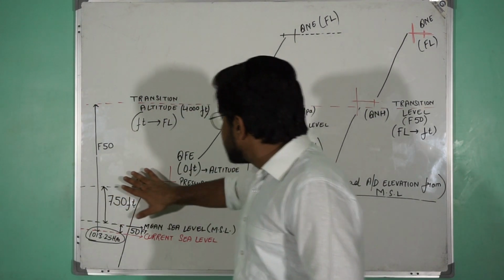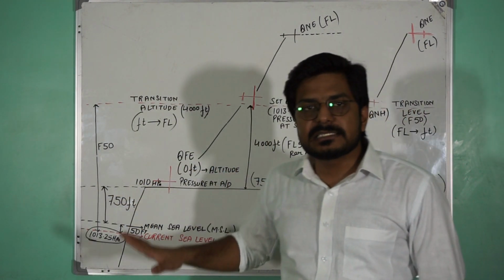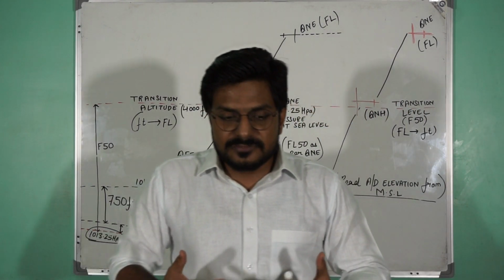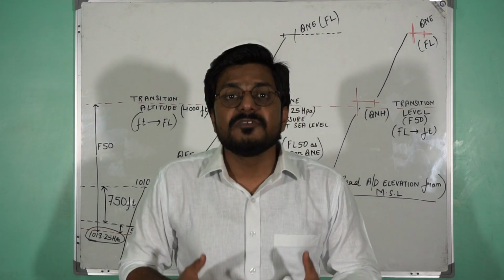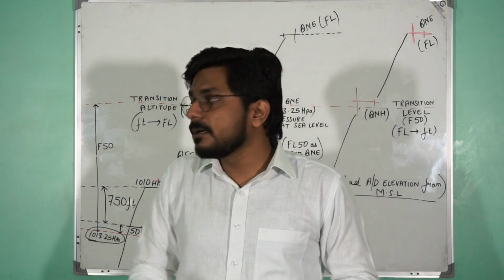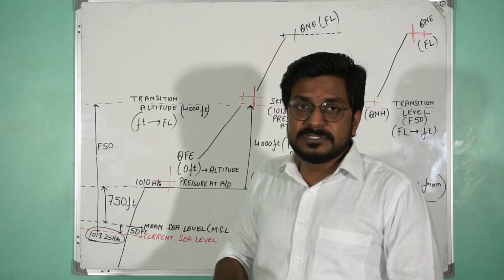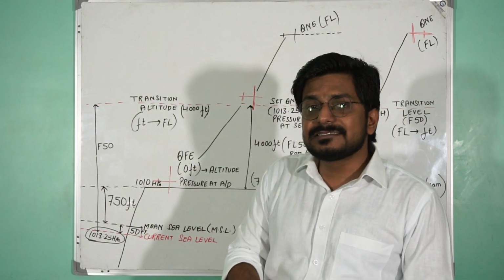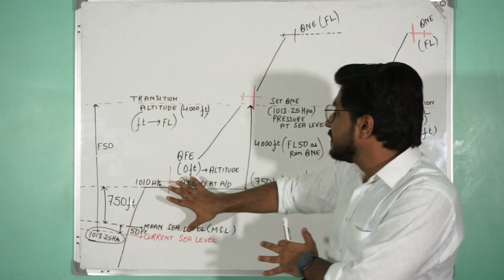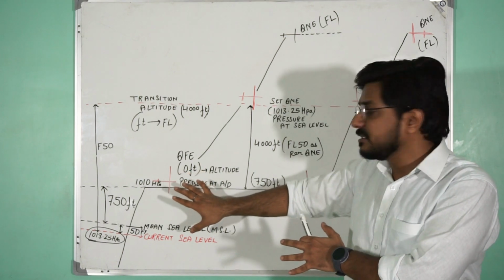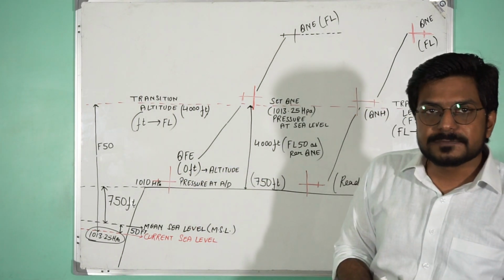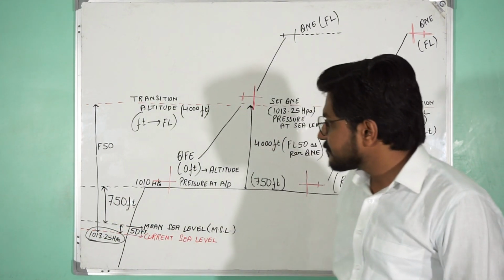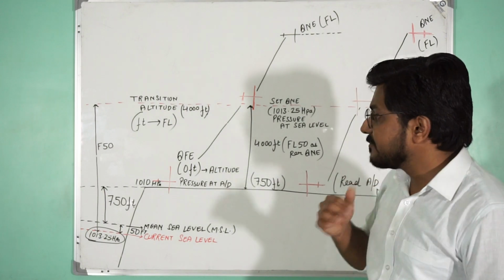Because the temperature at the airdrome is not fixed, it changes, and because of that the QFE, the pressure at that airdrome, will change. It will not depend on this rate of change of pressure. So the rate of change is not applied here, and you will get some other pressure at that particular airport.